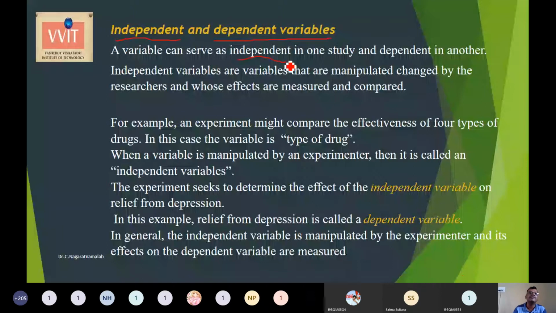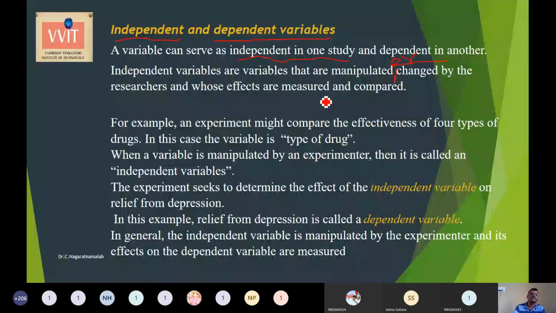Now, coming to the definition of independent variable: independent variables are variables that are manipulated or changed by the researcher, and whose effects are measured and compared.